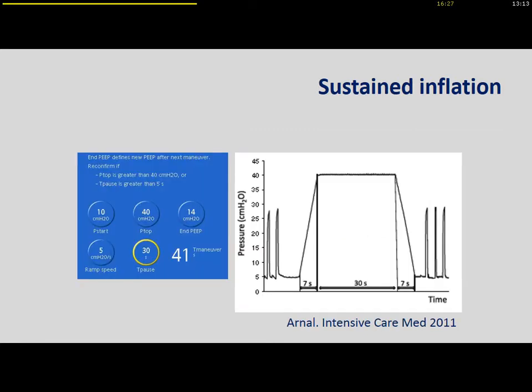So what we use rather is, again using the PV tool, you can set the top pressure that you want to use, the duration of the maneuver, and how fast you want to increase from the current PEEP to the top pressure. So instead of using a very rapid increase, we can do it over several seconds.